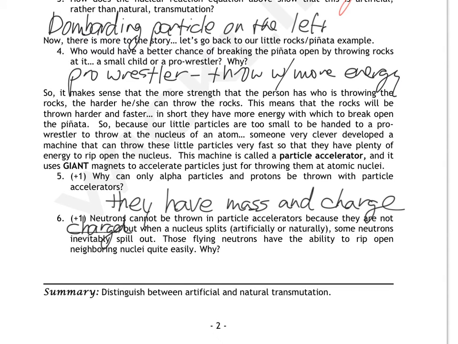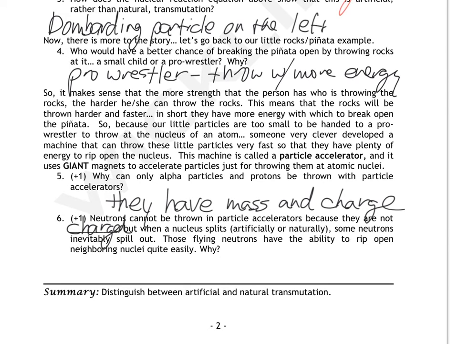So I included that just now, and I also went ahead and wrote in that neutrons cannot be thrown in particle accelerators because they are not charged. But when a nucleus splits, and that could be artificial or natural, some neutrons will spill out, and those flying neutrons have the ability to rip open neighboring nuclei quite easily.